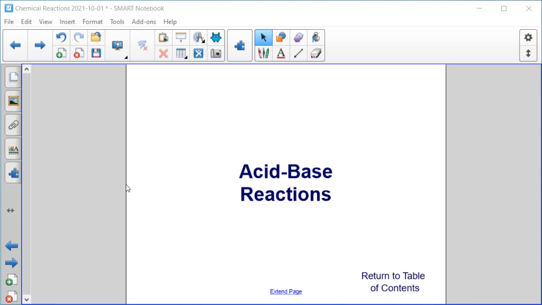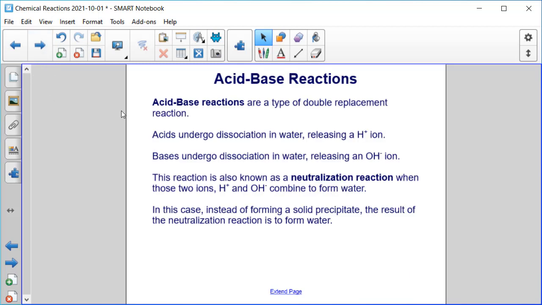In this section, we're going to talk about a specific type of chemical reaction known as acid-base reactions. Acid-base reactions are a special type of double replacement reaction.